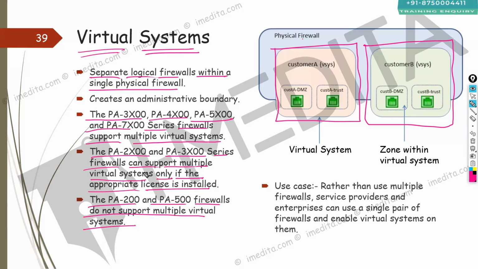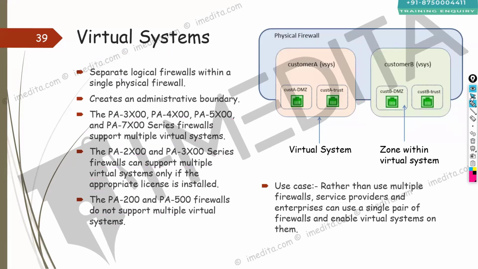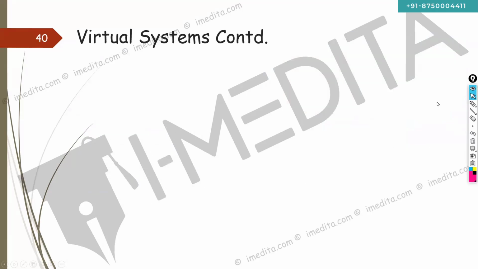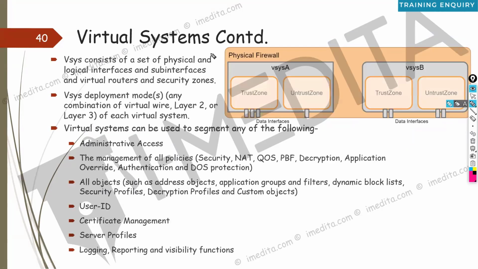To do so, you need to purchase a higher-end series firewall. Some require a license, some are available with the default or base license. Clear? So what will the VSYS be used for?